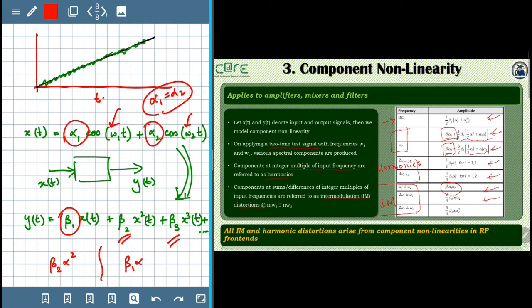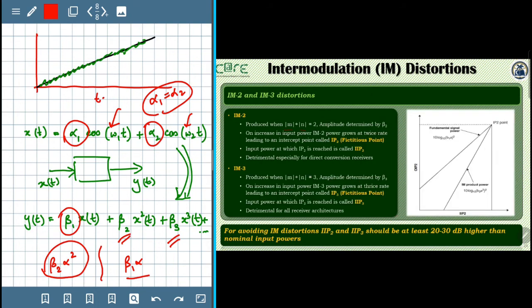The difference is that even though beta 2 is a small number, if the input power is increased, or if the value of alpha is increased, this second order intermodulation power grows with the square of alpha as compared to the linear growth with alpha. So on a dB scale, it grows twice as fast as the desired component power.